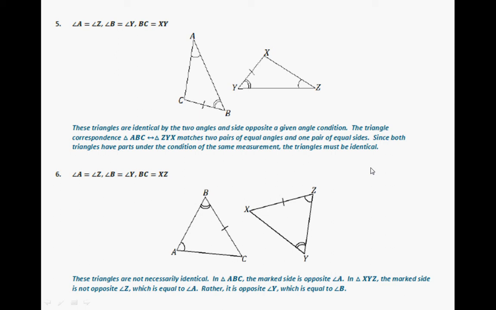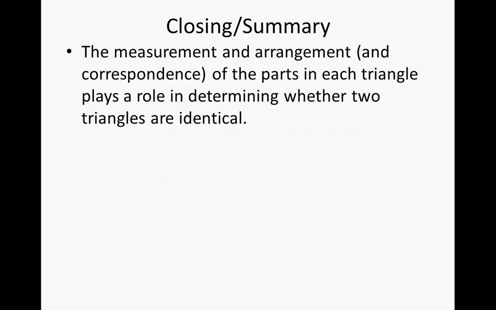So these are not necessarily identical, and our correspondence isn't the same. We would just say ABC would be the same as XYZ, but because they're not necessarily identical, we don't have to worry about the order that we list the angles.